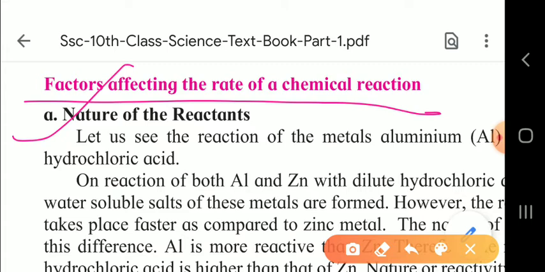Both give out hydrogen gas, and water soluble salts of these metals are formed. The reaction of aluminium takes place faster than zinc. Why? Because the nature of the metal is responsible for this difference. Aluminium is more reactive than zinc.